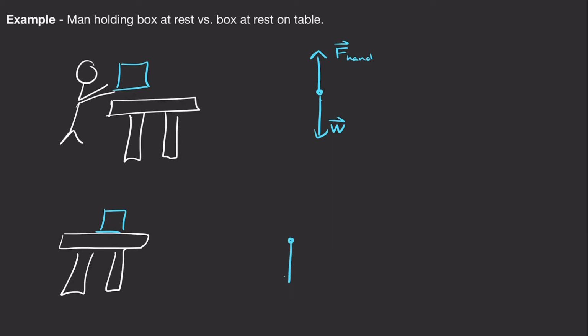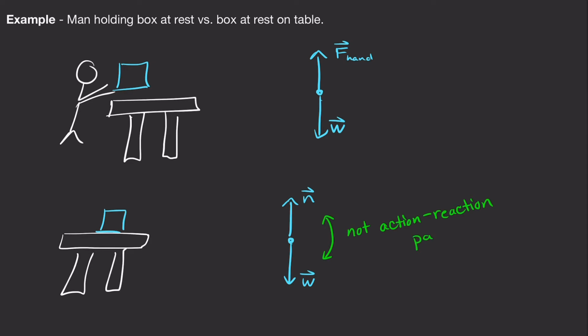Down here we have the weight of the box again going down, but now it is the normal force of the table that is pushing the box up. Okay, so notice the weight was down in both cases because it is a force from gravity. It's often easy to get your normal force and weight confused for action-reaction pairs, but in this case they are not.